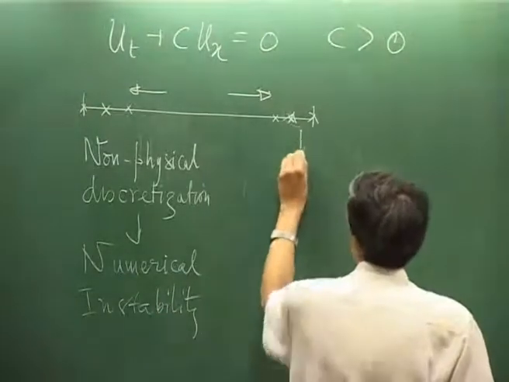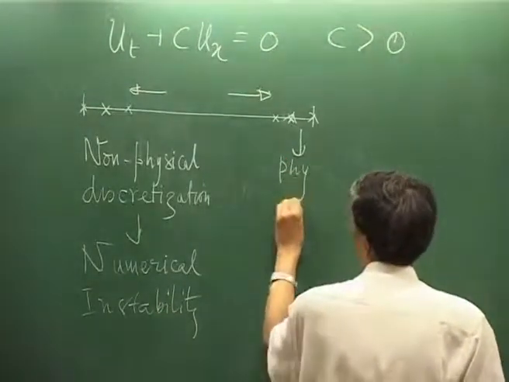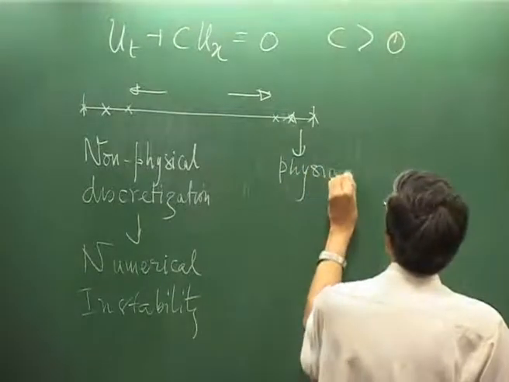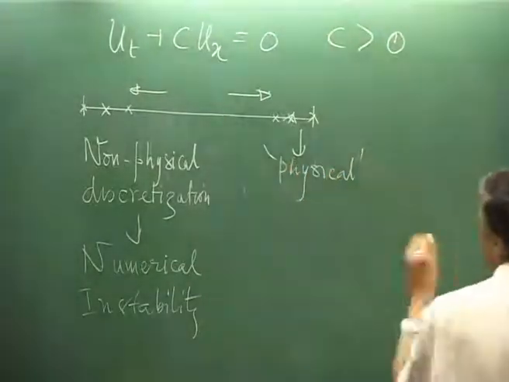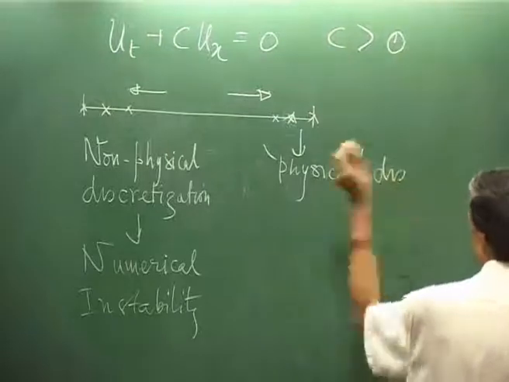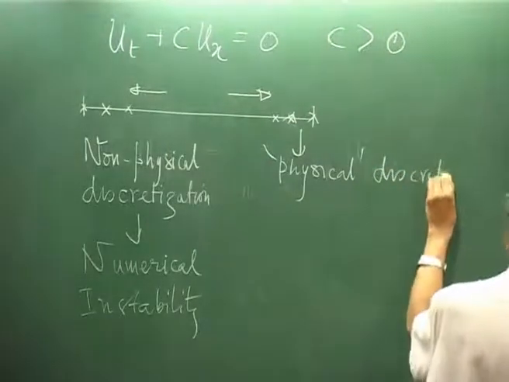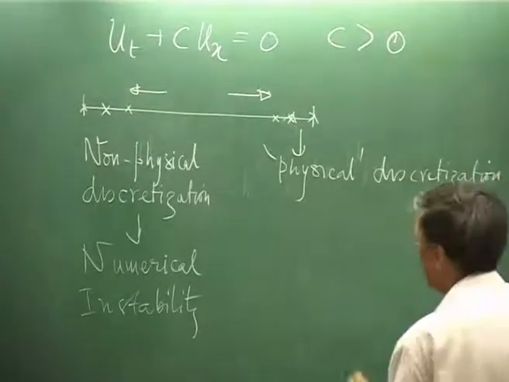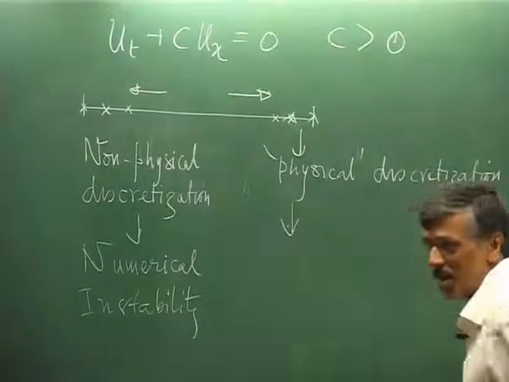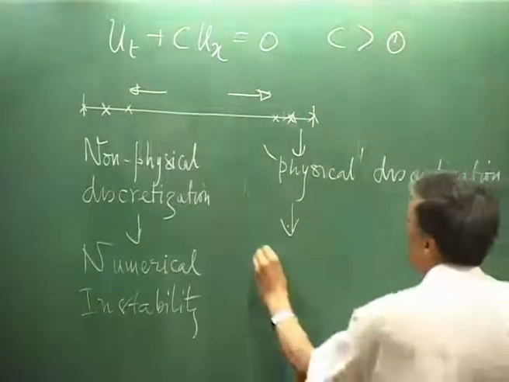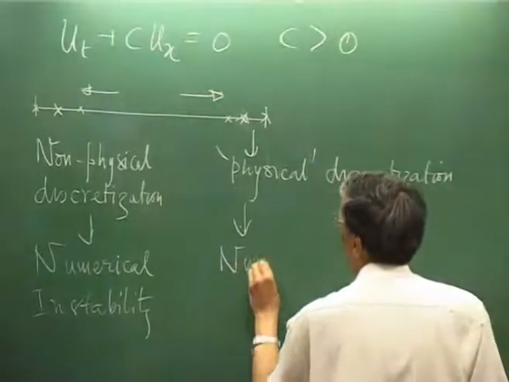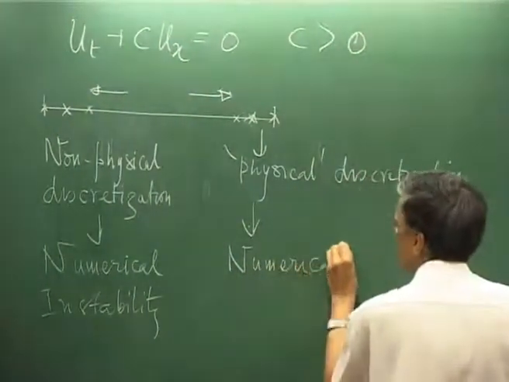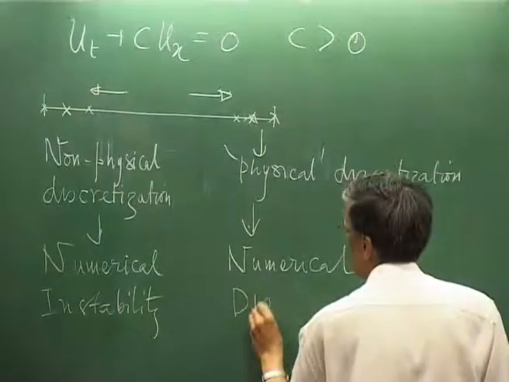And this is a "physical" discretization, I will put it in quotes; it does not violate the directionality, but if you are not careful, then you may end up with a lot of numerical dissipation.